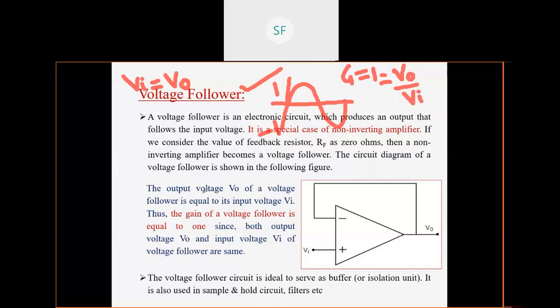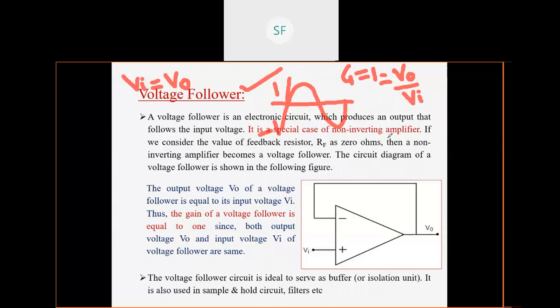Okay. So if a question has been asked on the voltage follower, you have to first draw this diagram and write down that a voltage follower is nothing but a special case of the non-inverting amplifier. Then you have to use the voltage gain expression for the non-inverting amplifier, AV equals 1 plus RF upon Rin.